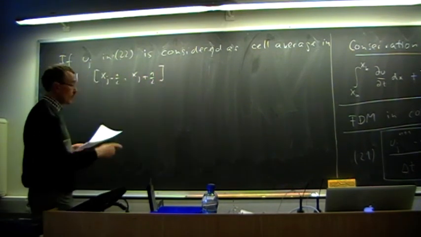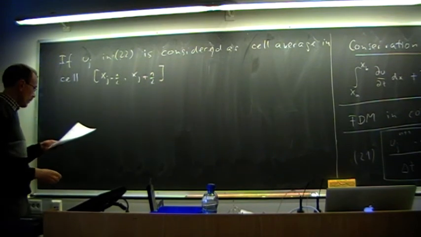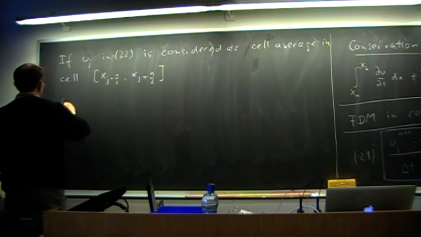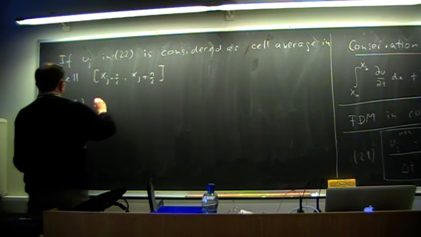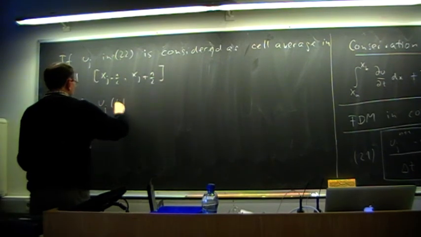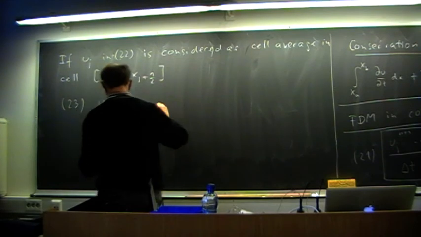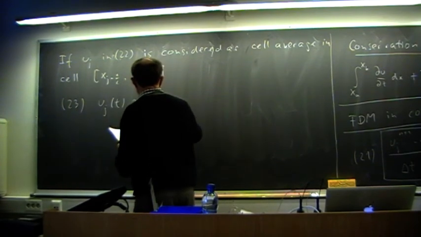So that was what we just had before. And that would be the following, 23, that we consider uj of t as approximating an average, which is the following.